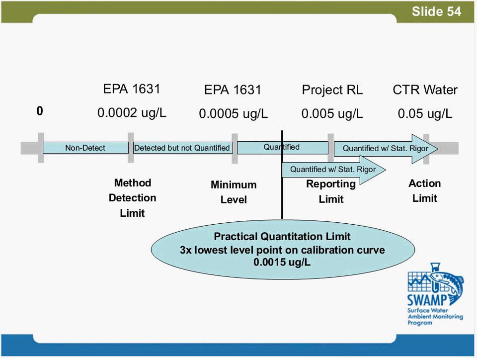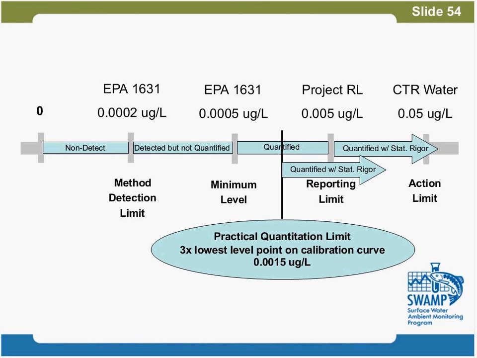quantified. The signal to noise ratio is not so great that the statistical variability around the signal might question the accuracy of that signal. So in other words, when you go to use it for reporting, the number is harder to argue.